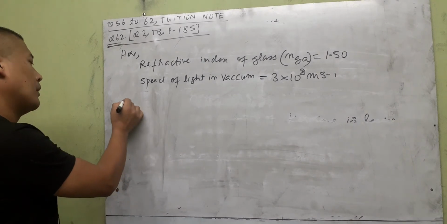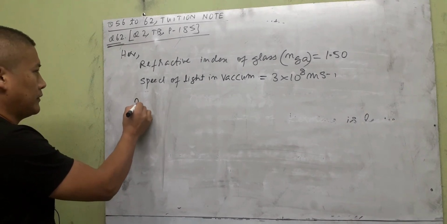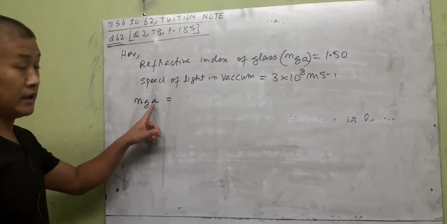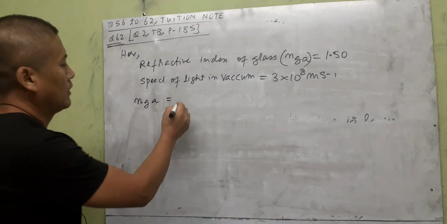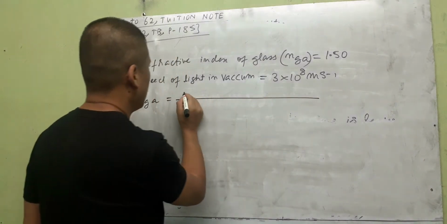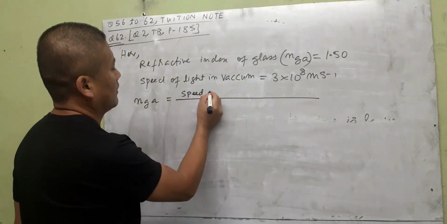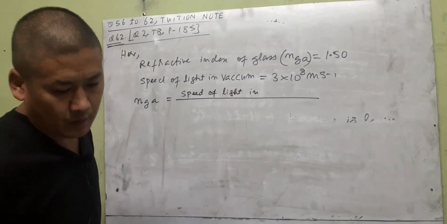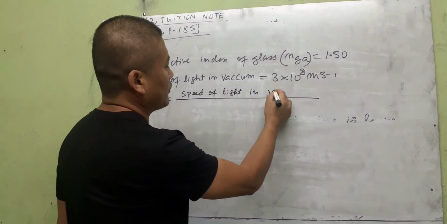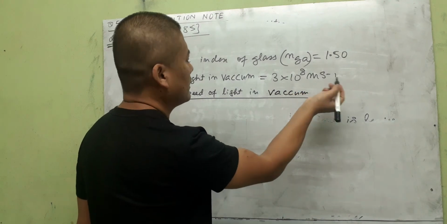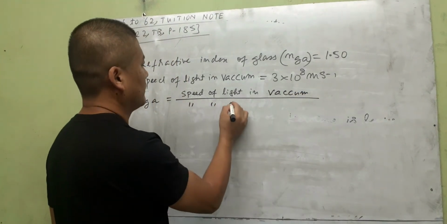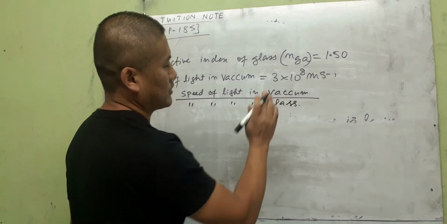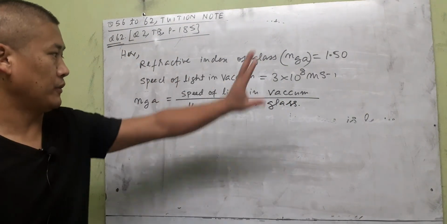Now we know that the refractive index of glass to air, that means light is entering from air first and coming to glass, is always given by the speed of light in air or vacuum divided by the speed of light in the glass, the substance whose refractive index we have here, 1.5.